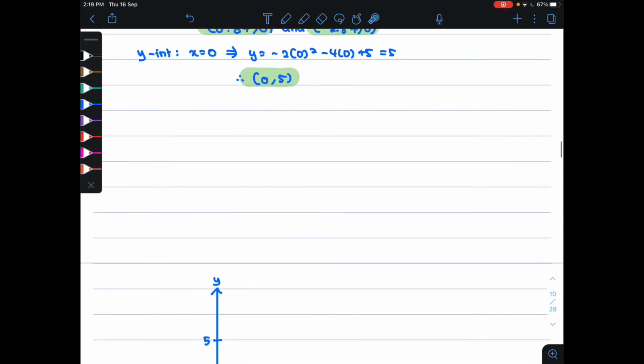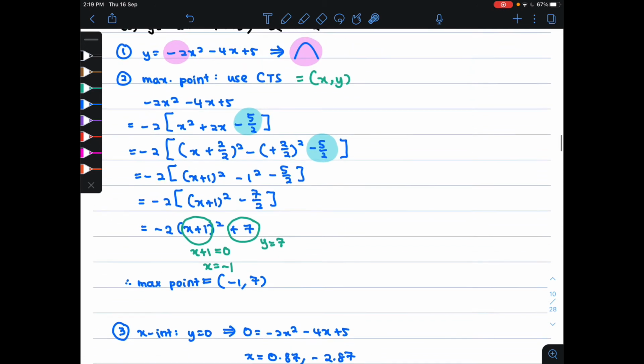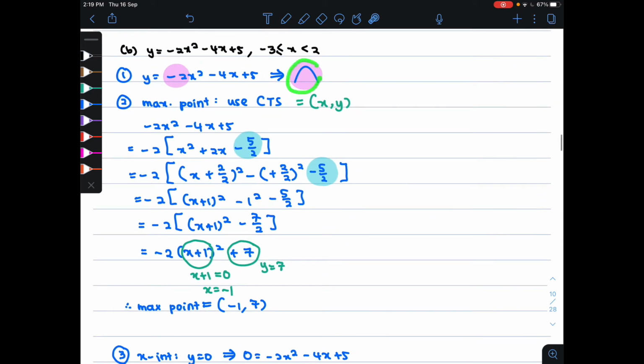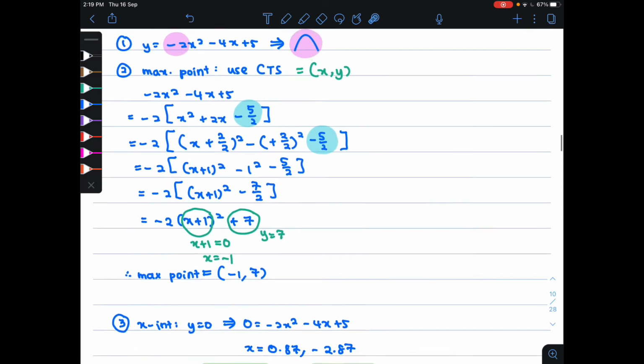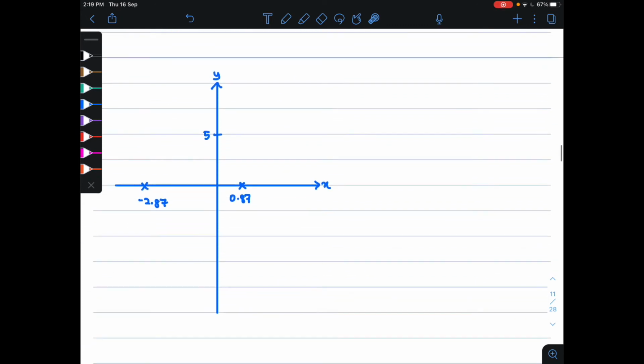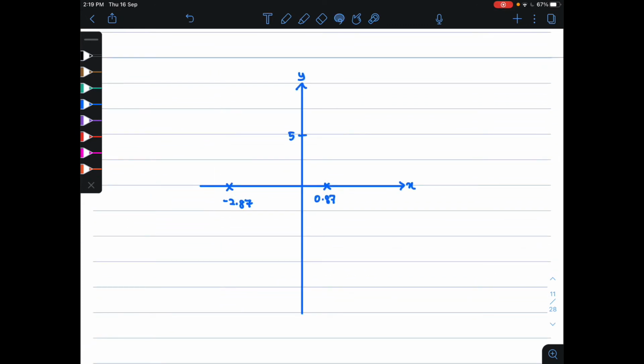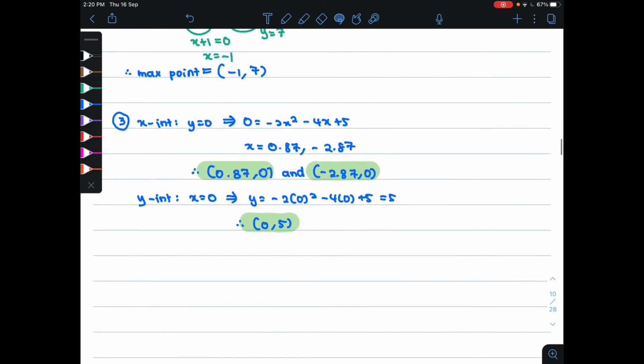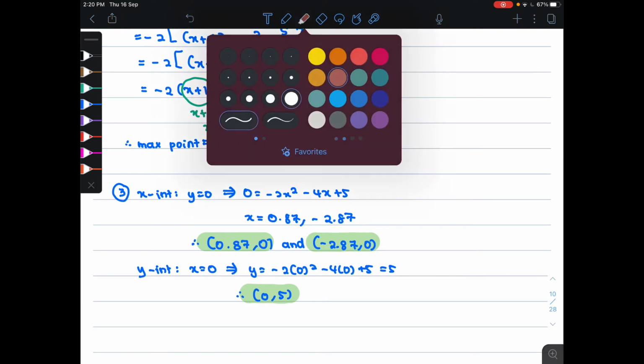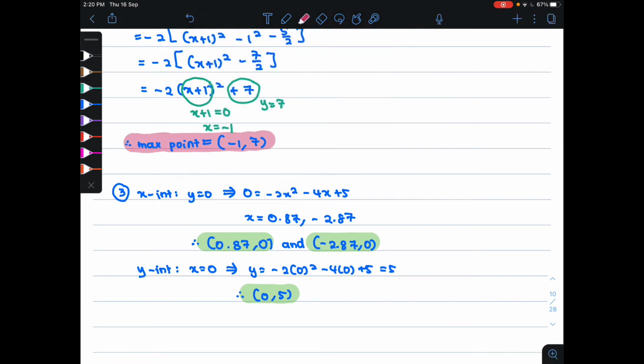Okay, so kalau kita tengok balik basic shape kita, the basic shape is a sad face. Sebelum kamu nak lukis kamu punya graf tu, jangan lupa kita ada kita punya maximum point. And our maximum point is at -1, 7.